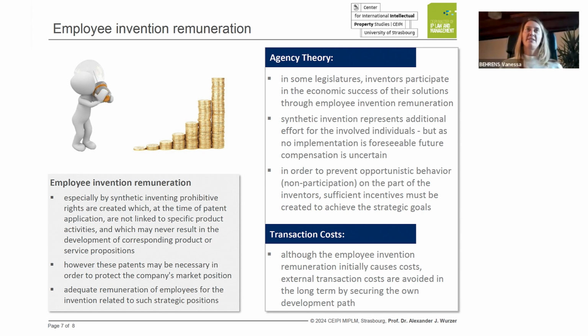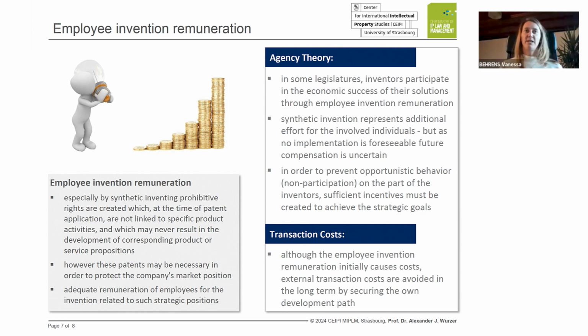So the agency theory poses the problem that inventors contribute by investing their time, but they will not be remunerated. So how do we avoid opportunistic behavior, in other words, non-participation of the employees in order to achieve our strategic goals?